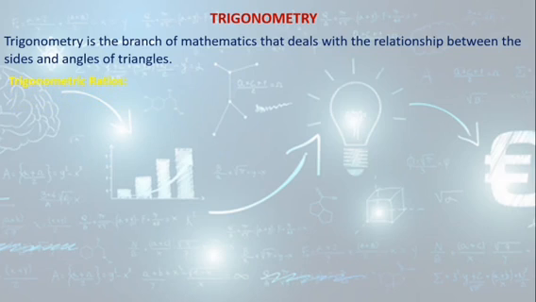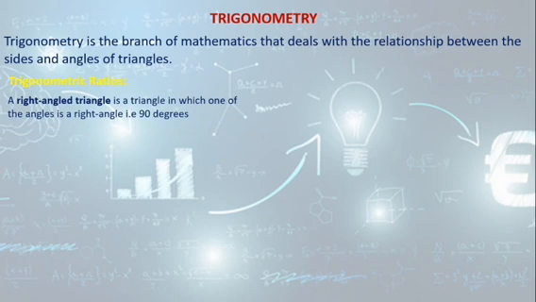Now, trigonometric ratios are entirely focused on a right angle triangle. So that we just don't assume, what is a right angle triangle? A right angle triangle is a triangle in which one of the angles is a right angle. That is, one of the angles is 90 degrees. All right, and this is very easy to see.